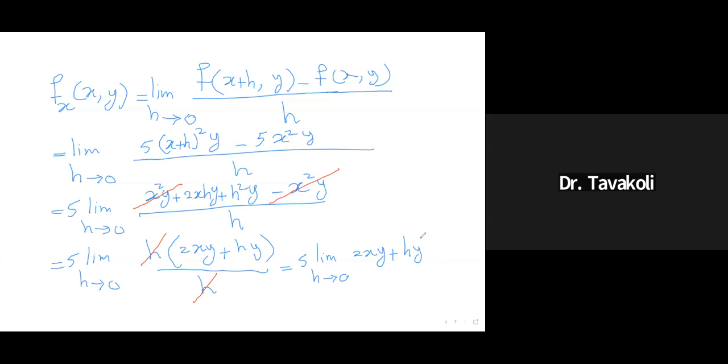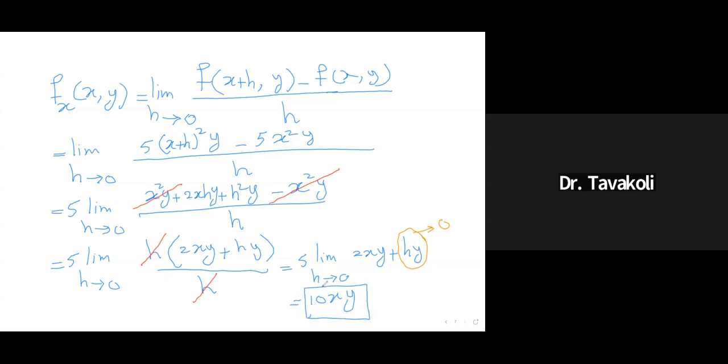As h tends to 0, obviously h times y will tend to 0. So the only thing remaining is 2xy, and then there is a 5 before that. So the final answer is 10xy.